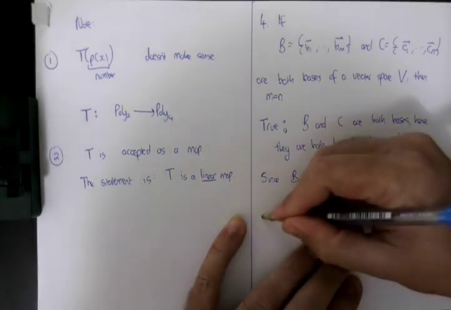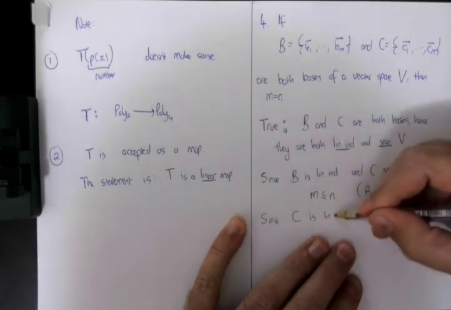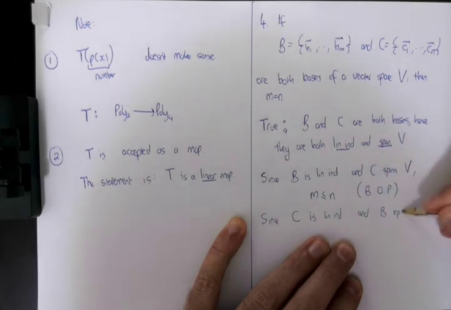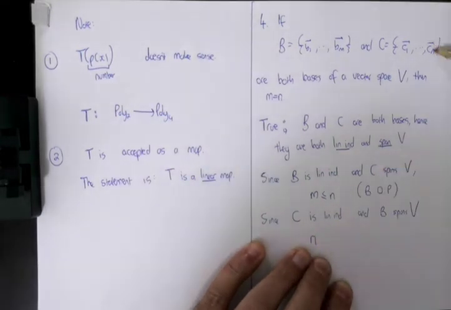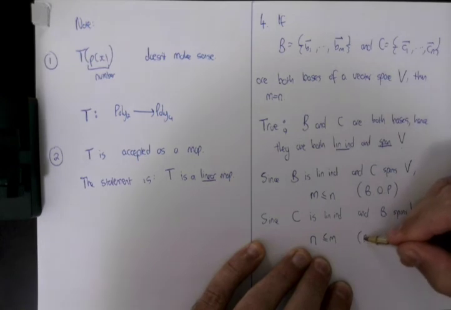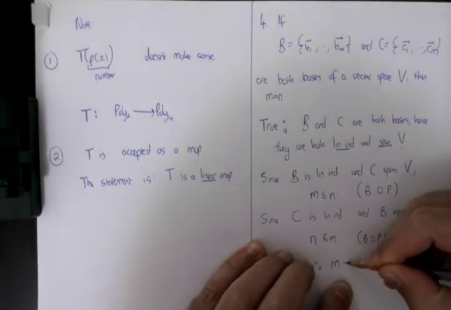And similarly, since C is linearly independent and B spans V, we must have that the number of vectors in the list C must be less than or equal to the number of vectors in the list B. That's again the bumping off proposition. So therefore, M is equal to N.